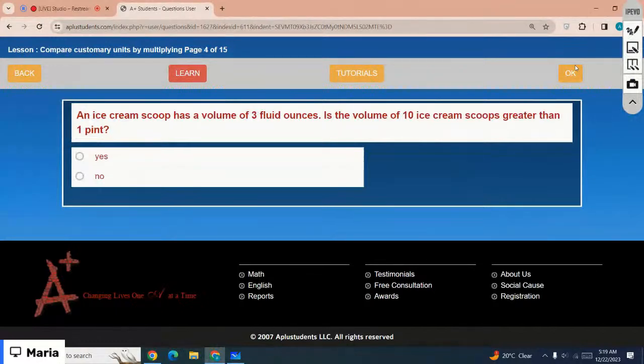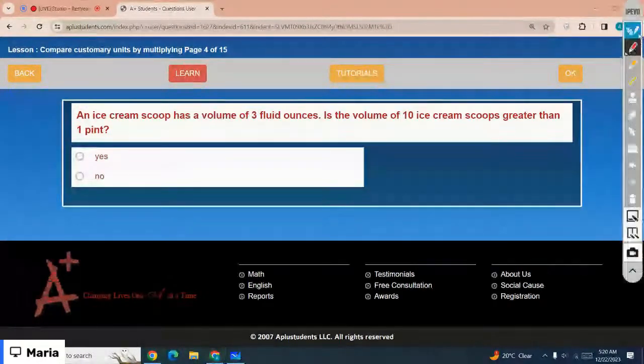That is a comparison between fluid ounces and pints, right? So an ice cream scoop has a volume of 3 fluid ounces, right?